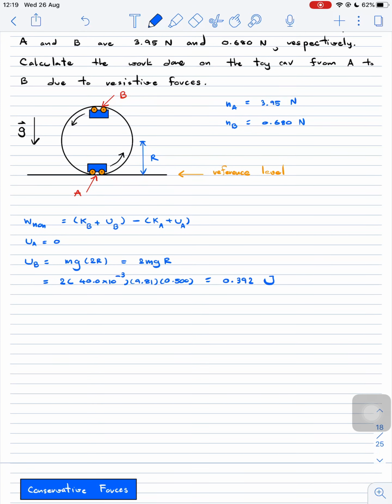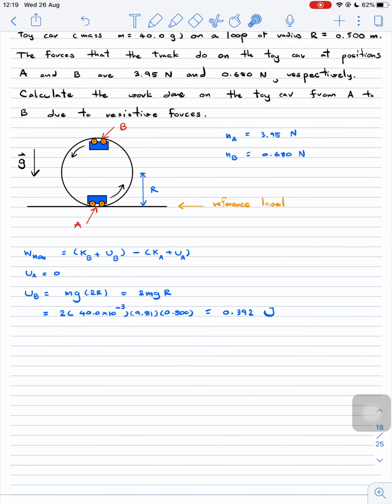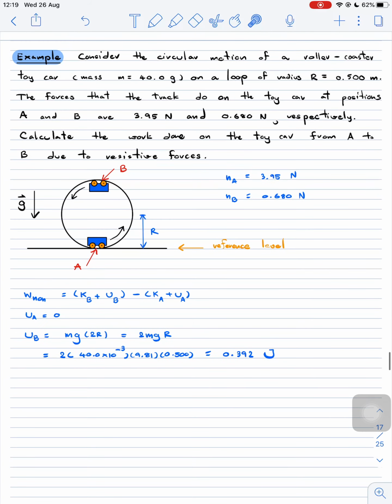So now we need to find the KA and the KB. How can we find the KA and the KB? Because we don't know the speed of the toy car, right? What we know is the normal force at position A and position B. Then we can link this normal force to the centripetal force.